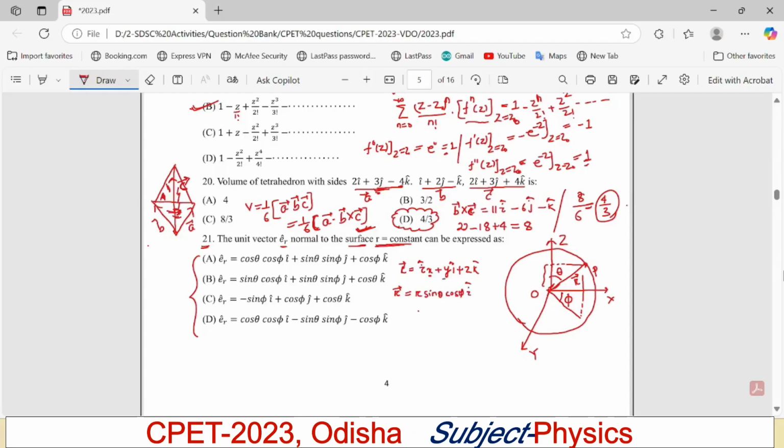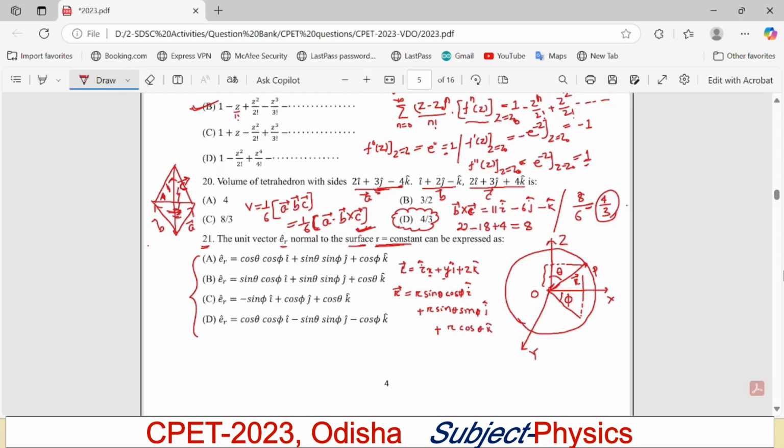Y component in spherical polar coordinate system is r sin theta sin phi j cap, plus z component is your r cos theta, right? r cos theta k cap.